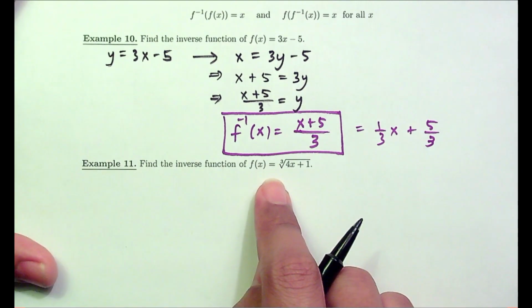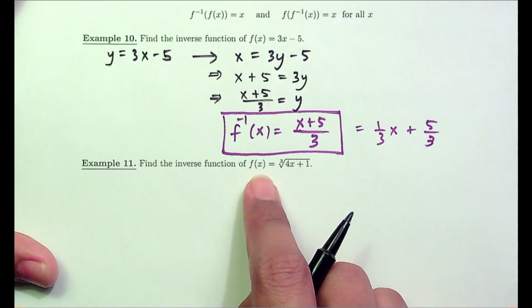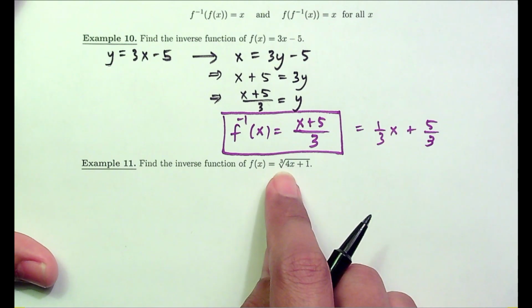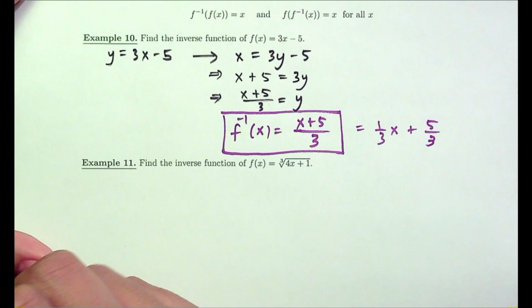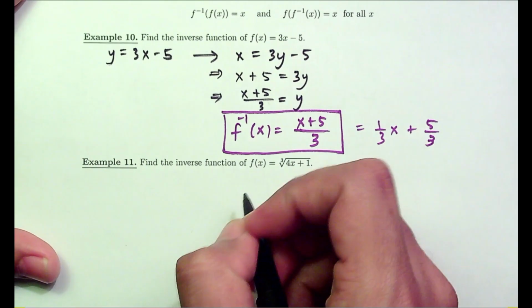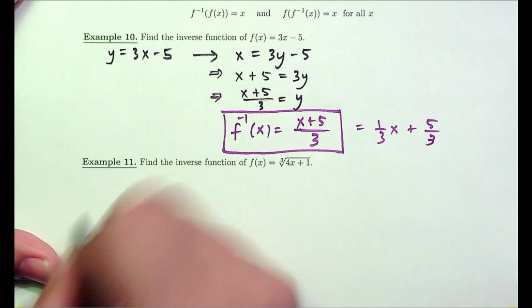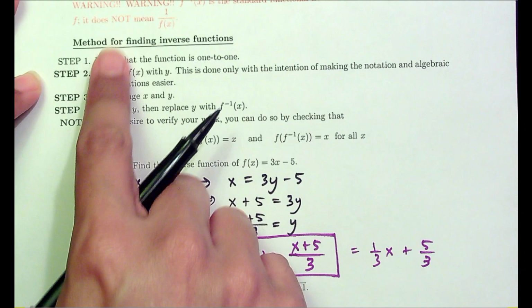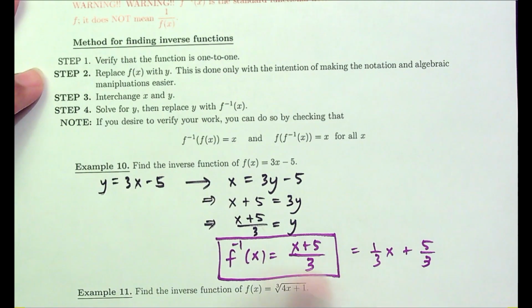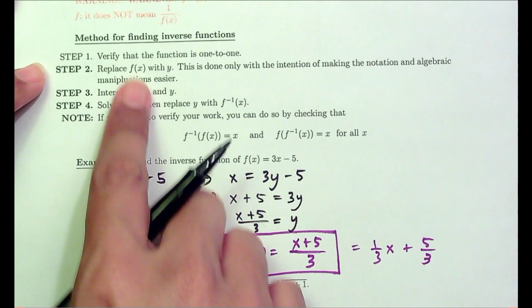Okay, let's find the inverse of this one. Another example. Find the inverse function of f of x equals cubic root of 4x plus 1. As I said, you don't have to worry about whether it has an inverse. If I tell you to find the inverse function, I'm already telling you that the function is 1 to 1.